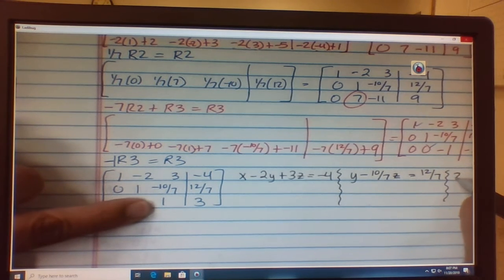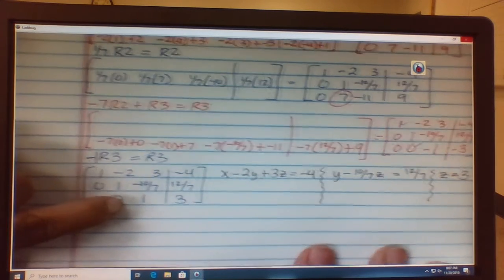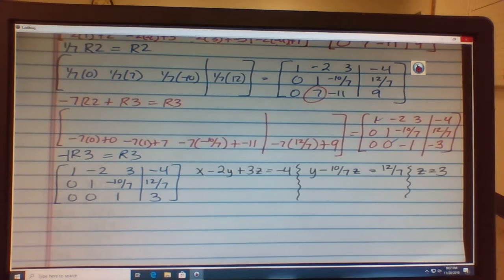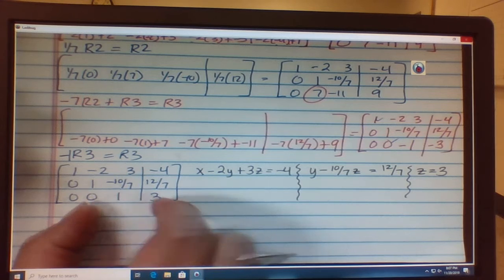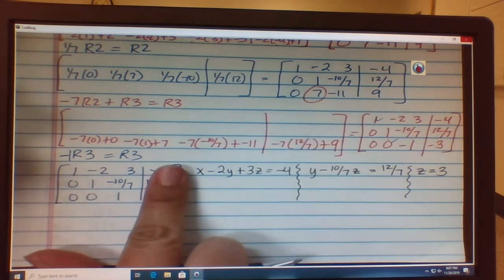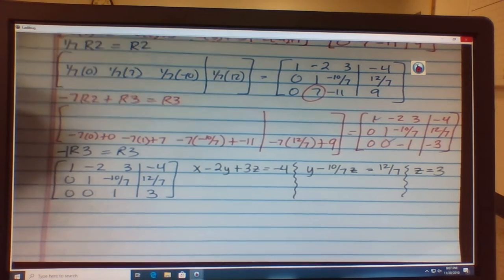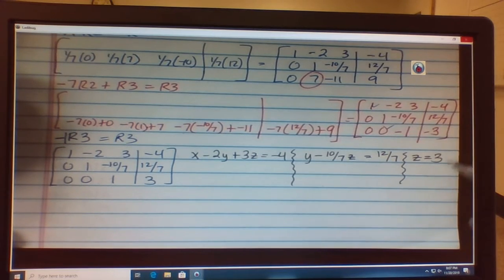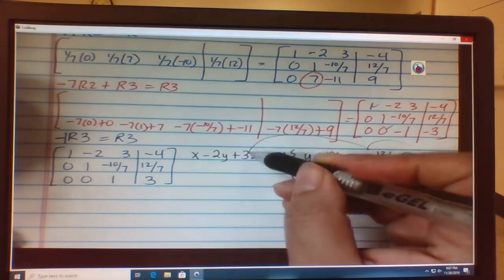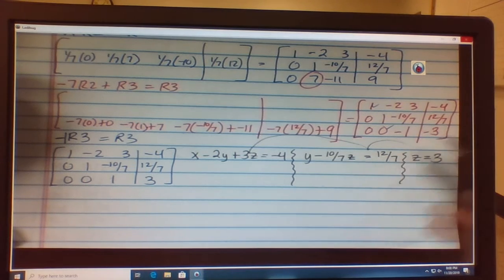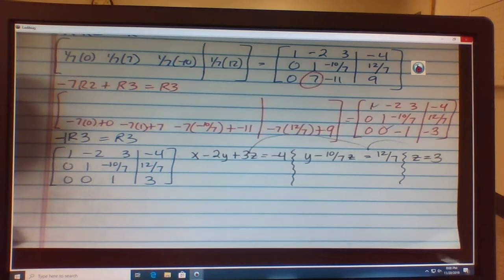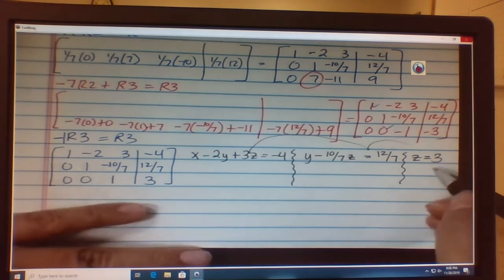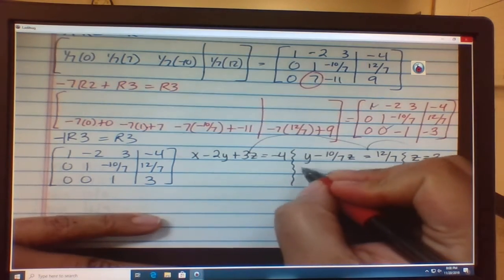My last one is z equals positive 3. So 1, 2, 3. X, Y, Z equals your answer. Now, you're always going to go point, point. You're going to find the answer here, and then you use those two to find this one. So I'm going to plug in a what for Z? 3.